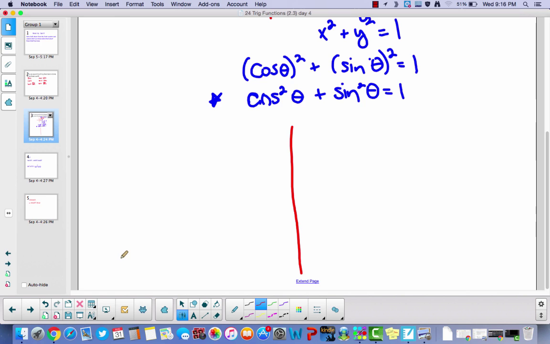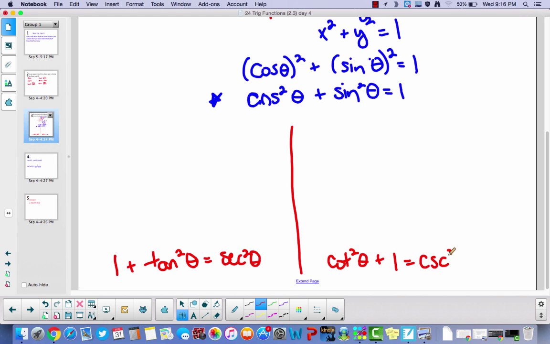So one of them is 1 plus tangent squared of theta equals secant squared of theta, and the other is cotangent squared of theta plus 1 equals cosecant squared of theta. These are our three key trig identities. These two identities come from this one.